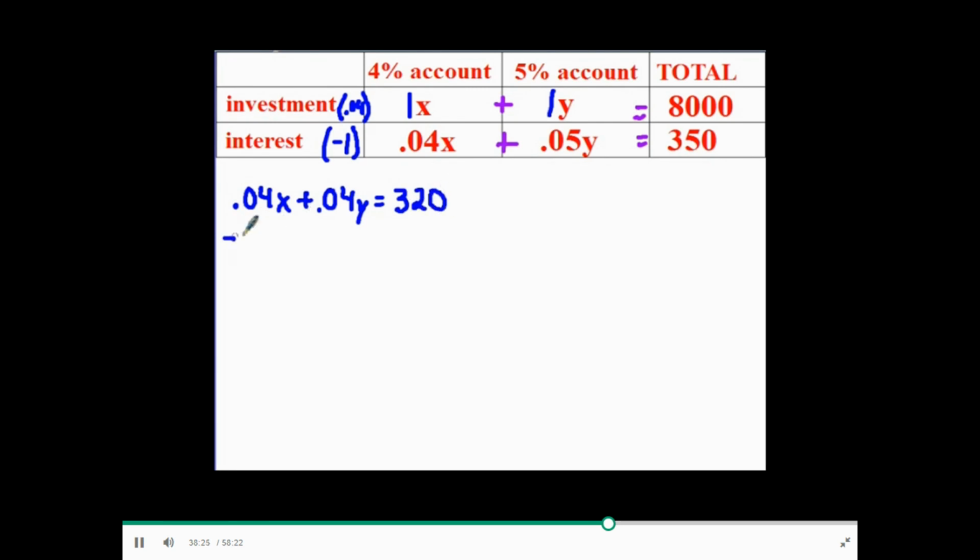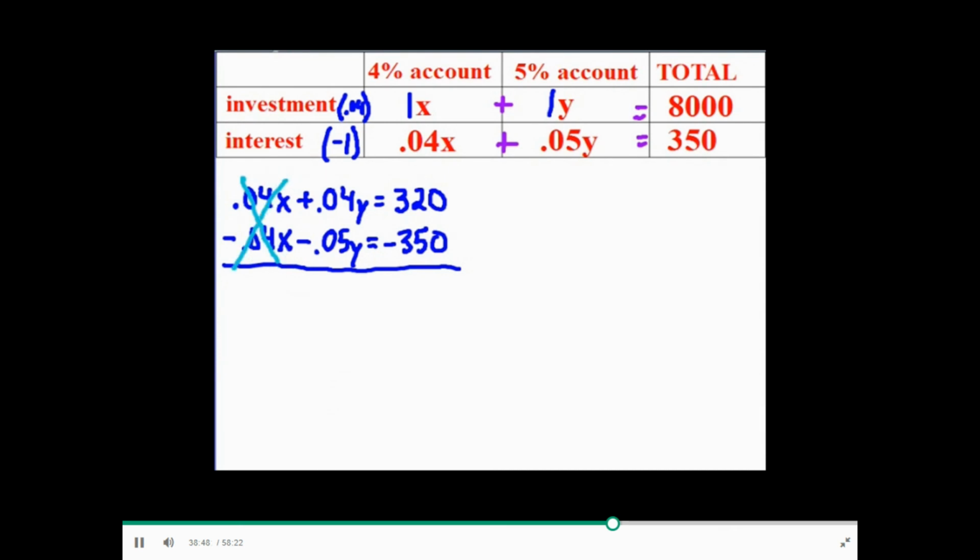And on the bottom, multiply all of those by -1, so that's 0.04x is negative, the 0.05y is negative, and the 350 is also negative. As usual, something should have eliminated. If it hadn't, I would know that I had screwed up. So here I've got 0.04 minus 0.04.